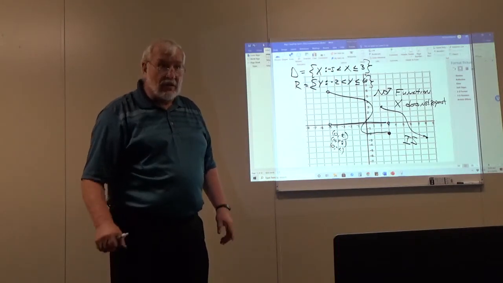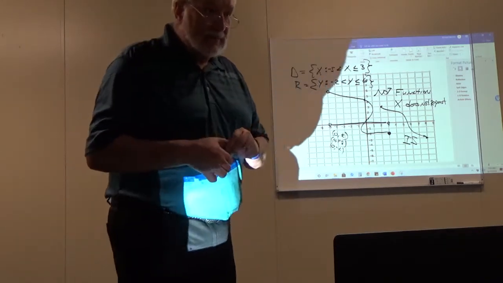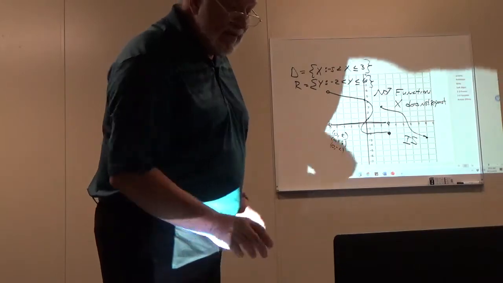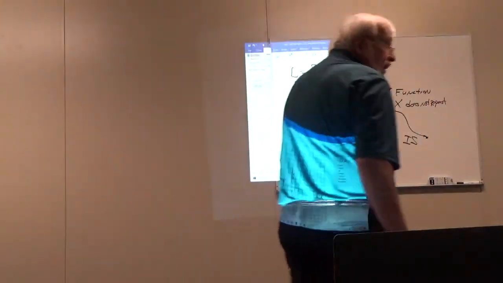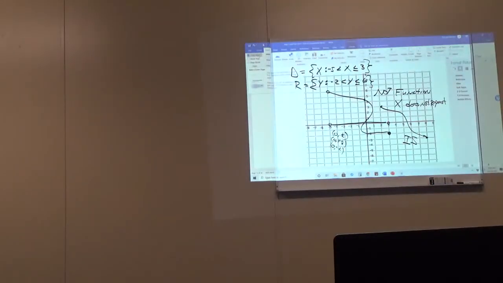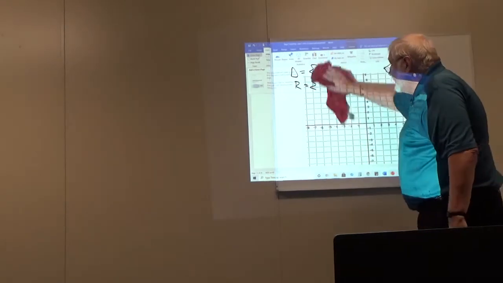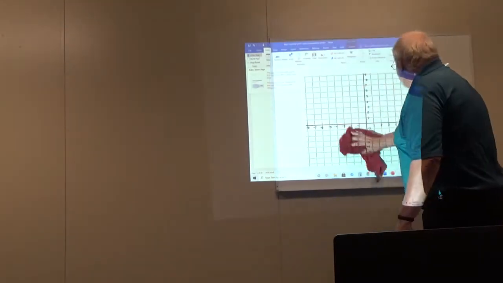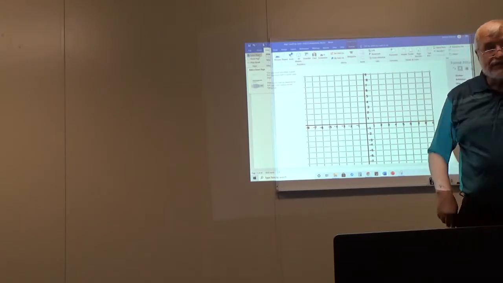Okay? So, 2 ways. Number one, you look at the points. If there are no repeats on the x, it's a function. If you get one of the points where you have the same x and different y's, you do not have a function. Right now, all that is a definition.